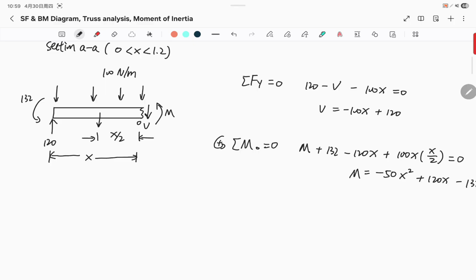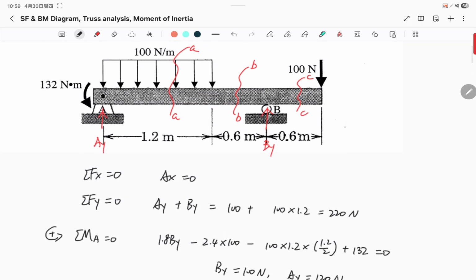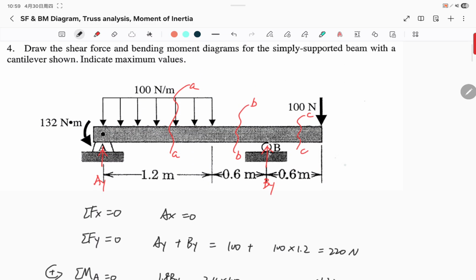Now we're going to do the same thing for section BB. The distance is from 1.2 to 1.8. Let's look at what kind of force we have.